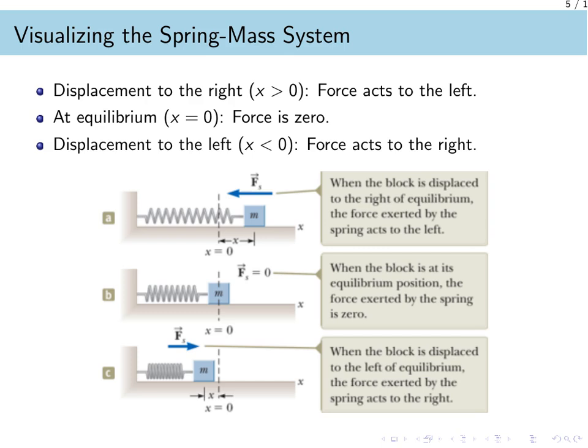Second, when the block is exactly at the equilibrium position, the displacement is zero, and therefore the force is also zero. Finally, when the block is displaced to the left, resulting in a negative position, the spring force acts to the right. These diagrams illustrate how the force vector always points back toward the center, regardless of which way the block has been moved.